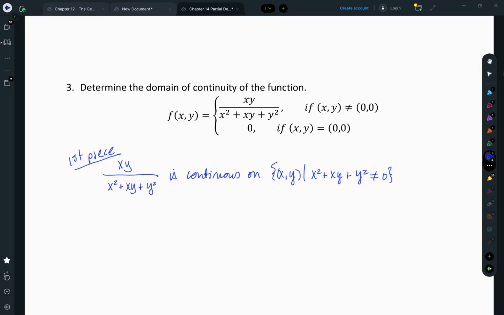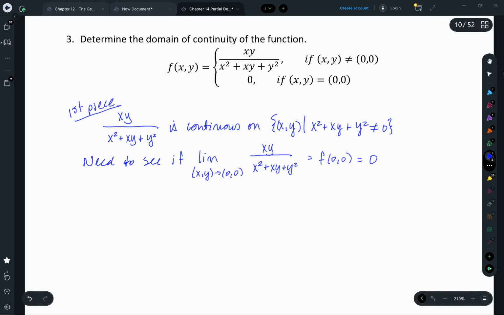Because we would need the limit to equal 0, which would equal the function value. So we need to see if the limit as xy approaches 0, 0 of xy over x squared plus xy plus y squared is equal to f of 0, 0, which as we see from the second piece is equal to 0.